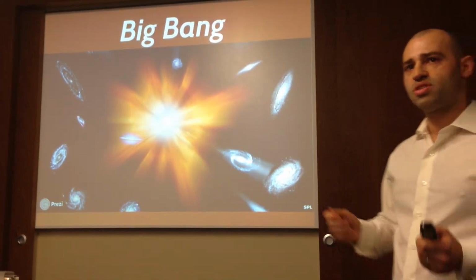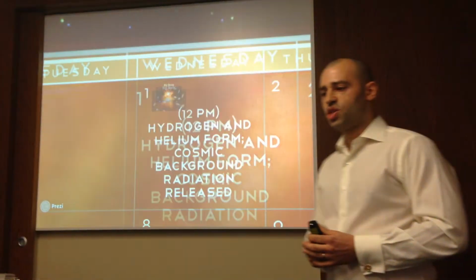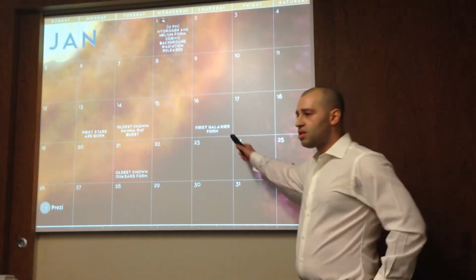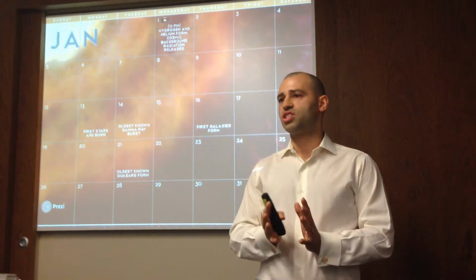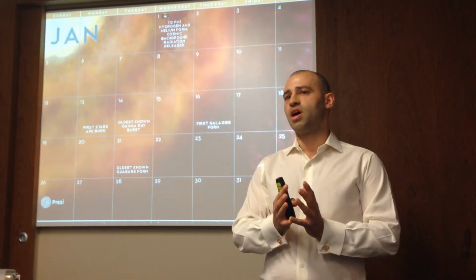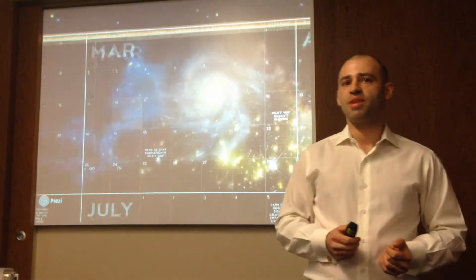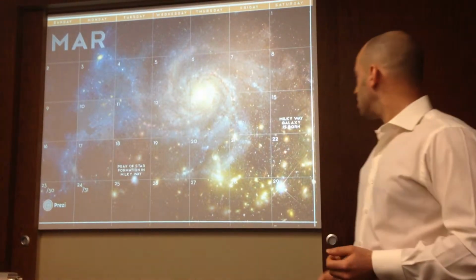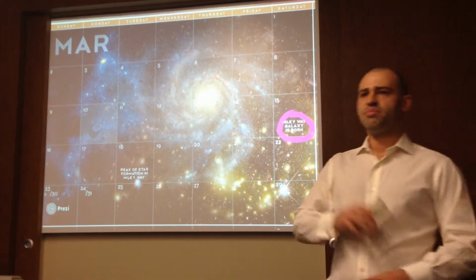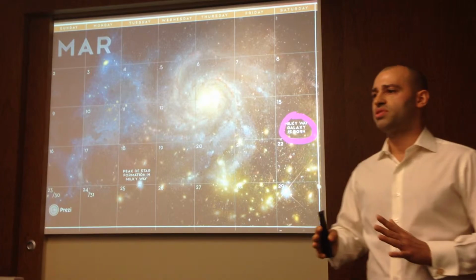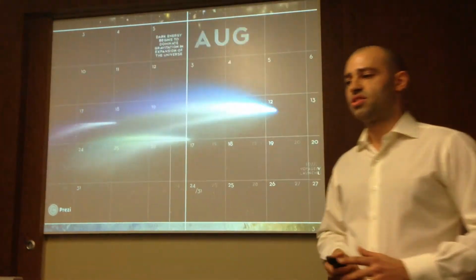If the universe was invented on the 1st of January, it was only in the middle of the months that the first galaxies started to take shape and be formed. However, our galaxy, the Milky Way, only came to exist in the middle of March. Some stars start to be formed around June, July, August.